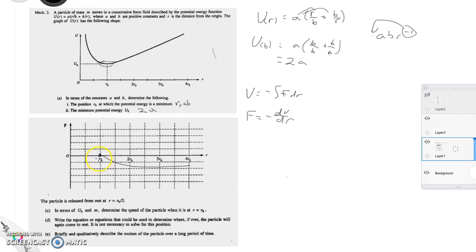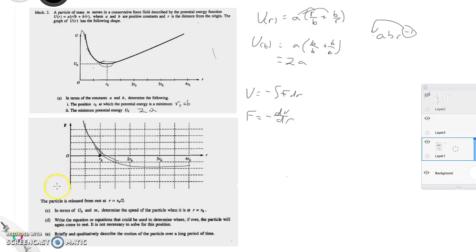And then before that, we have this slope that starts very negative and gets closer and closer to 0. So this is going to start at this point, which means you have a force pushing this way very strong. Here, it's pushing that way just a little bit, and so on. And so it's going to look something like this. So this would be our force curve that we sketched.